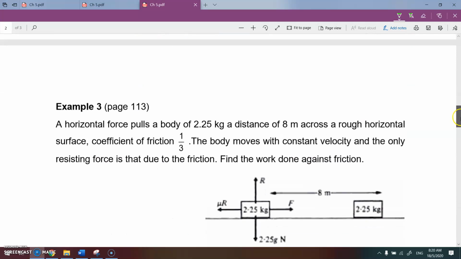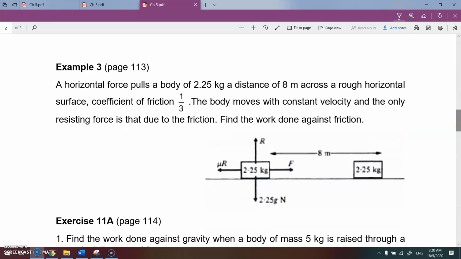Then we move on to example 3. A horizontal force pulls a body of 2.25 kilograms a distance of 8 meters across a rough horizontal surface. This question is different because there is a rough surface, which means you have friction. The coefficient of friction is 1/3. The body moves with a constant velocity and the only resistance is that due to the friction.